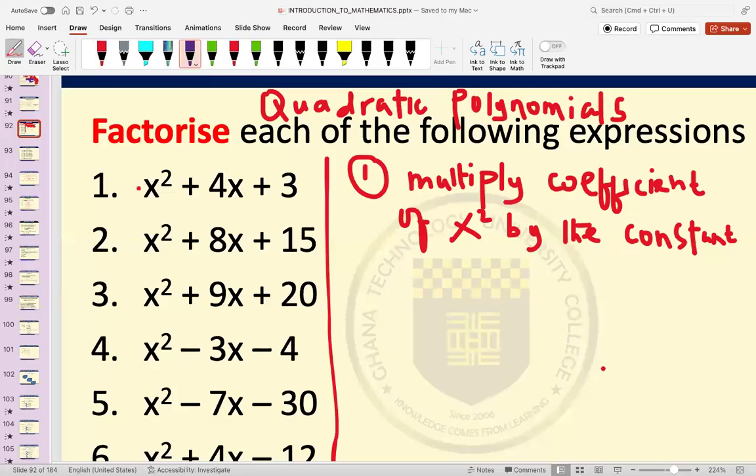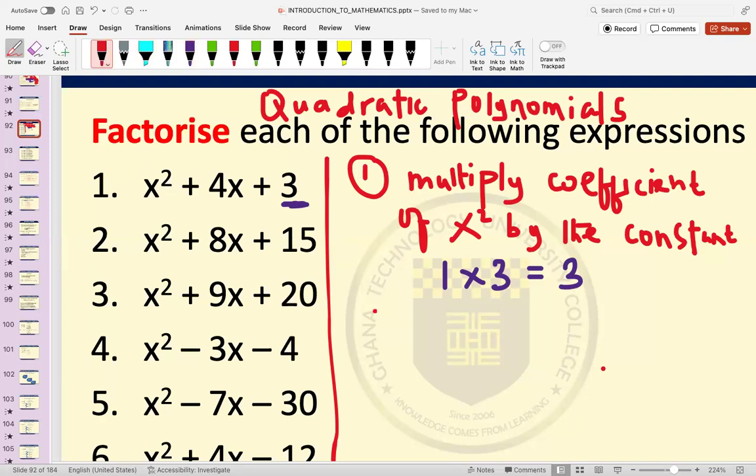The coefficient of x squared means the number that is in front of x squared. So it is 1. We don't normally write it when it's 1. So the instruction says pick it, 1, and multiply it by the constant. 3 is the constant. So we multiply it by 1, and then we get 3. That is step 1. So step 1 says pick the coefficient of x squared, multiply it by the constant, and you get a certain number. And we have 3 here.